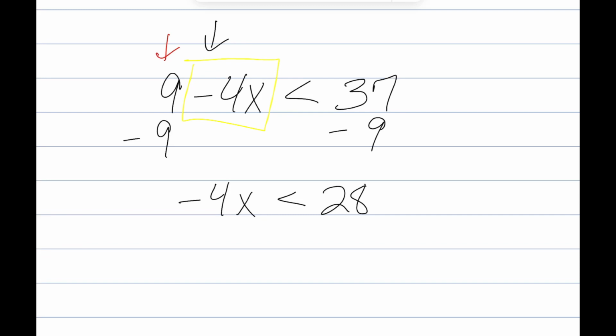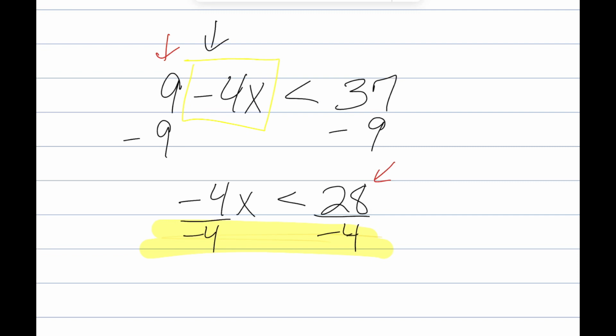Now when we're doing this last step, we're going to divide by negative 4. And this is how solving an inequality is different than an equation. You do everything you do with an equation, except there's an extra step. If you divide or multiply by a negative, so that is this line right here, the number in the numerator doesn't matter. 28 can be positive or 28 can be negative.